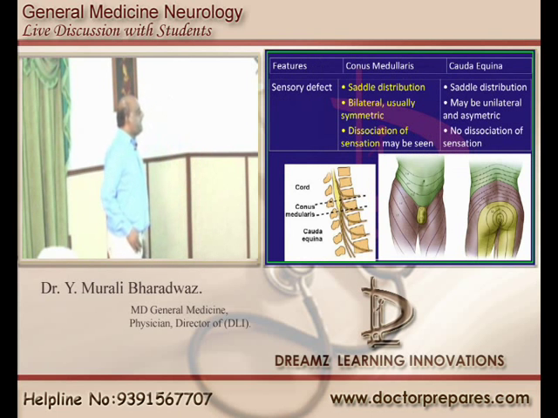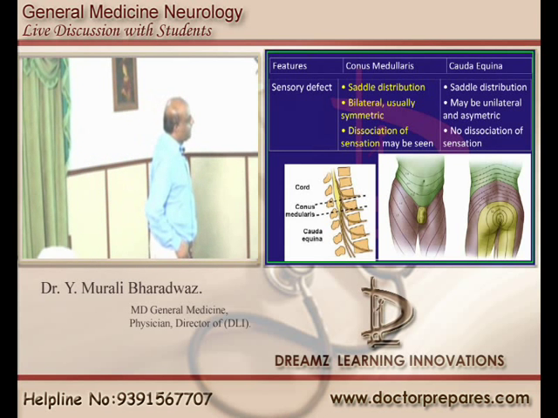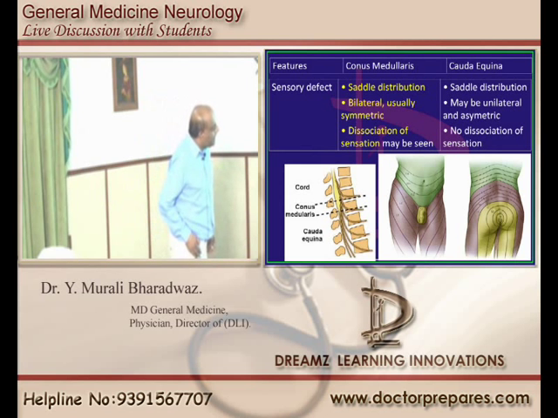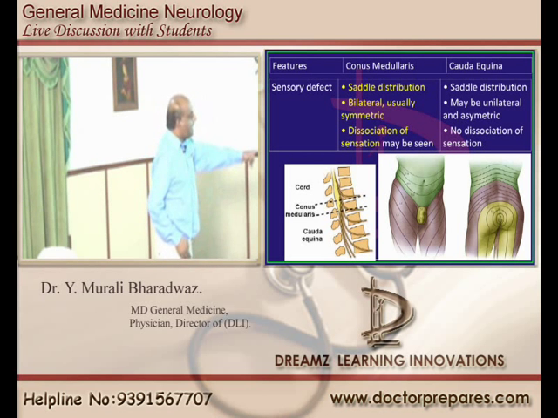Now if you look at the sensory deficits, saddle distribution: what are the dermatomes involved in the saddle area? S1, S2, S3, doctor? So saddle distribution is a feature of both of them.